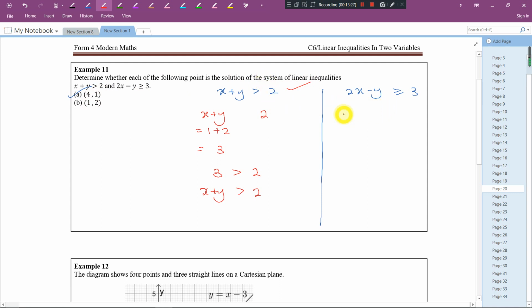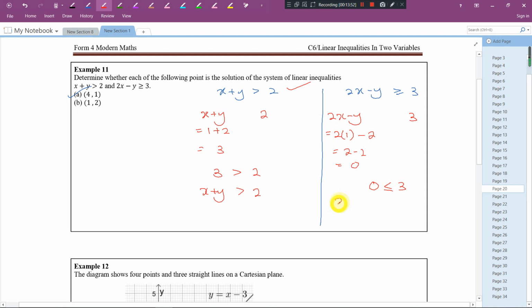So how about this one? 2x minus y, and then I have 3 here. So 2x minus y. So this is 2 minus 2, this is 0. Compare both. 0 is less than 3. So 0, you can say less than or equal to.